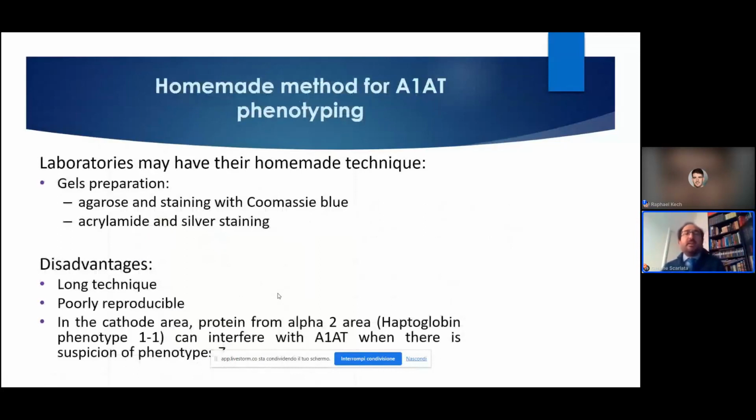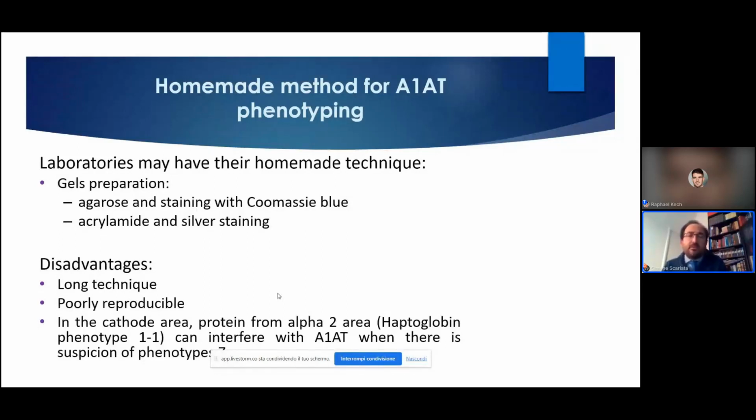Just to be clear, we have several ways to perform the phenotyping, and we can also perform our homemade gel preparation by using agarose and staining it with Coomassie blue, or even using acrylamide and silver staining. But we should be aware that by performing this, we need to have time. This is a time-consuming approach.